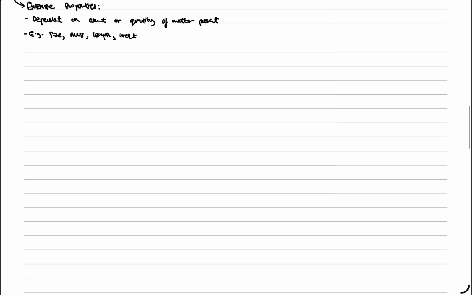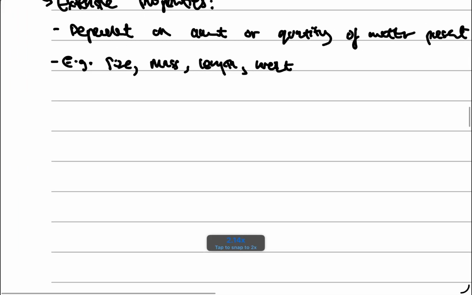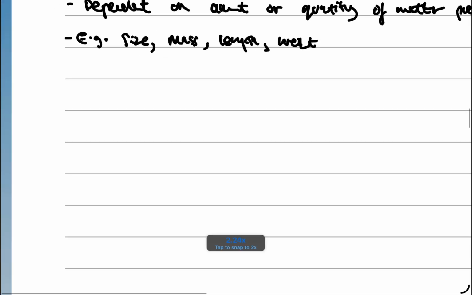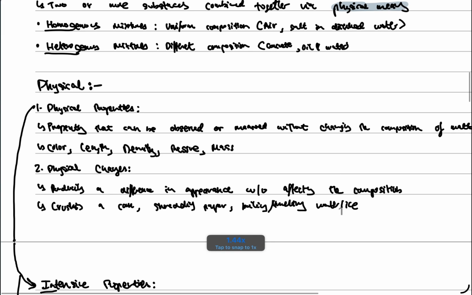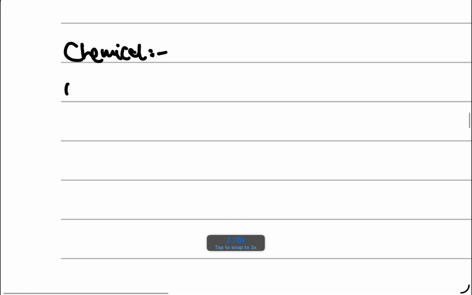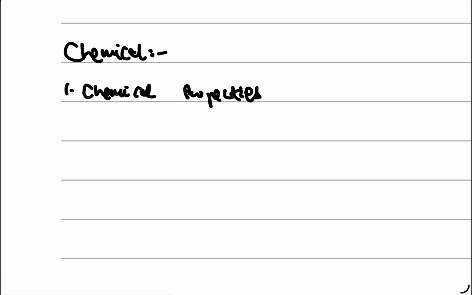And then lastly, let's just talk about chemical properties and chemical changes, and then we should be done. So chemical properties. This is basically a little different from physical because it actually involves the composition of matter.